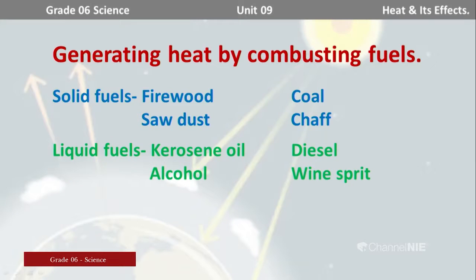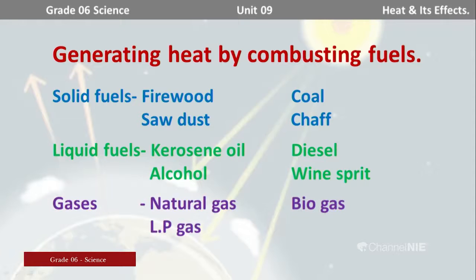Liquid fuels are the fuels that are available in the form of liquids: kerosene oil, alcohol, diesel, wine spirit. I know that you know some other answers. There are gaseous fuels also. They are natural gas, LP gas and biogas.